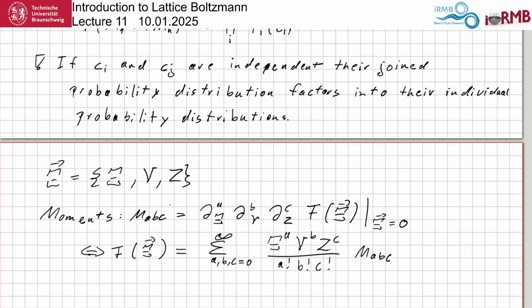So this is how we get from the moments to the probability distribution function in frequency space.